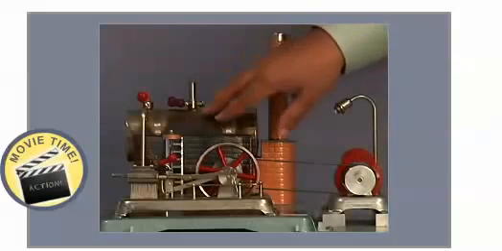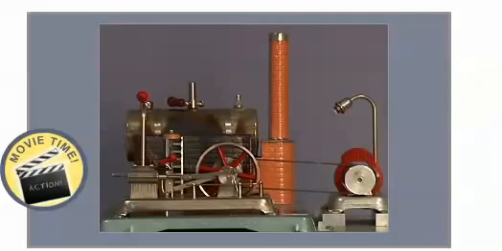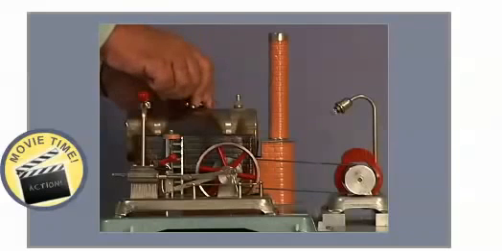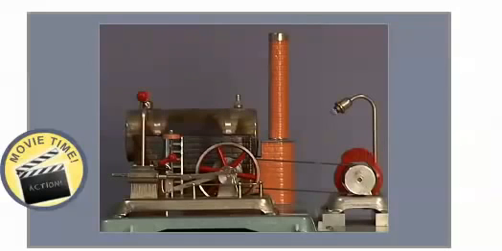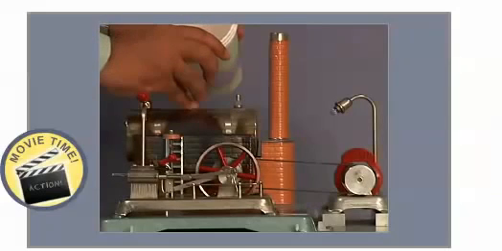So to generate steam, we need a fuel. So we have a fuel that we are going to burn and generate the steam. And this boiler is filled with water. Normally this is supposed to be full with water. We're going to fill this with water.